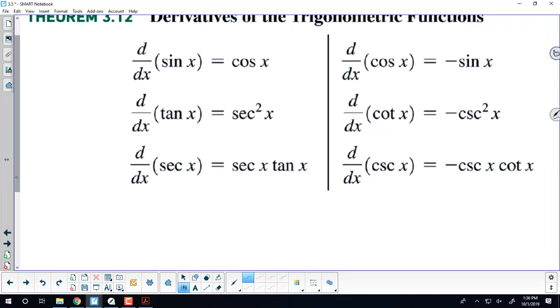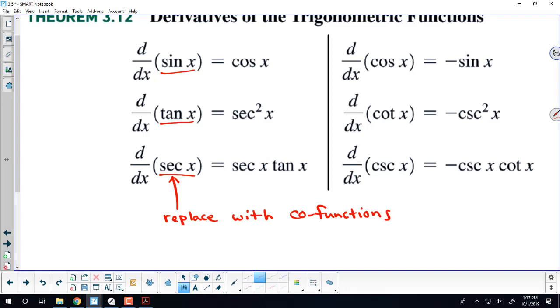The mnemonic here though is, if we can remember these 3 on the left hand side, if I can remember those 3 derivatives, then the mnemonic to remember the other 3 derivatives is to replace these functions with co-functions. We replace those with our co-functions, and then these results here, we negate those.